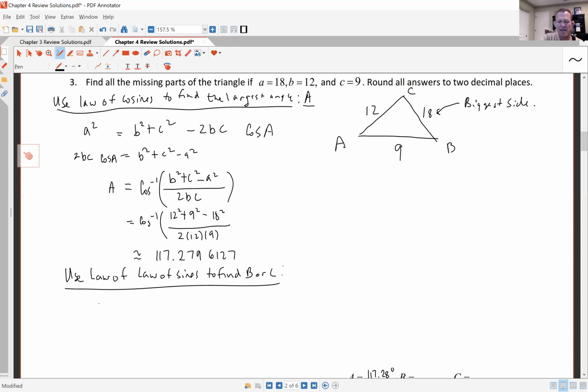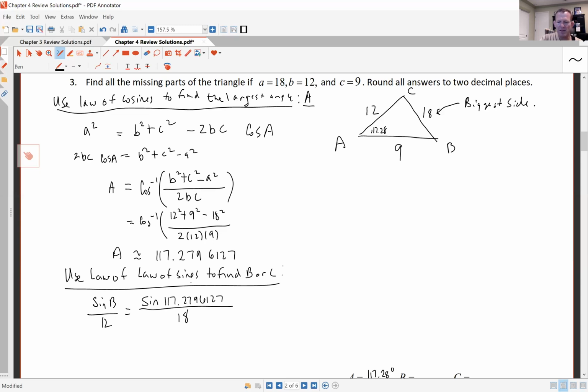So we take the sine of angle B divided by 12 equals the sine of A, which we now know is 117.28, so sine of 117.2796127 divided by its side 18.